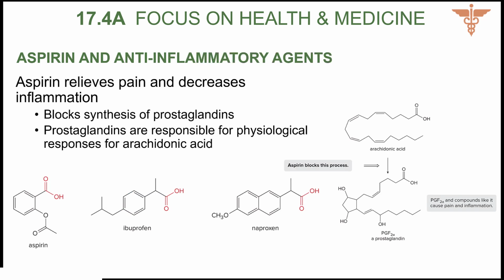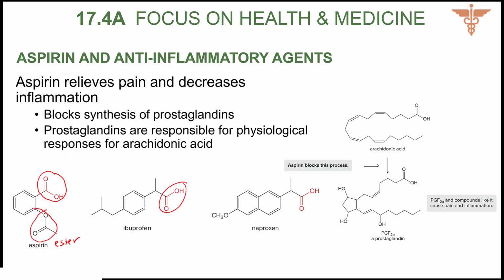Other places we might see carboxylic acids are in aspirin and other inflammatory agents. Aspirin, as you may know, relieves the pain and decreases inflammation. It also blocks the synthesis of prostaglandins, which are responsible for physiological responses. So if we have aspirin, which has the carboxylic acid here, it also contains an ester.